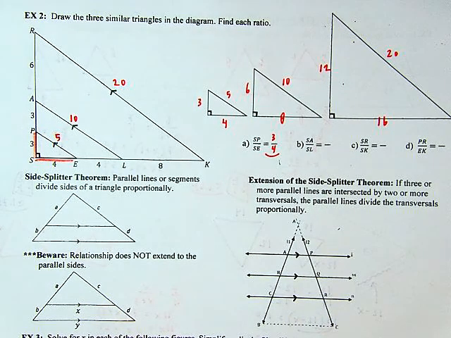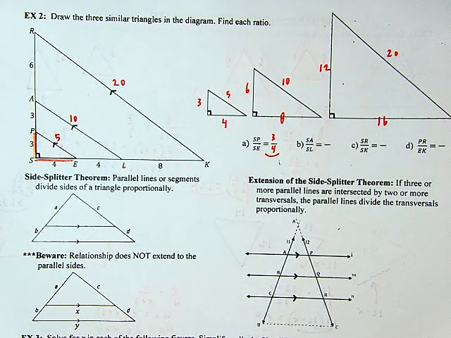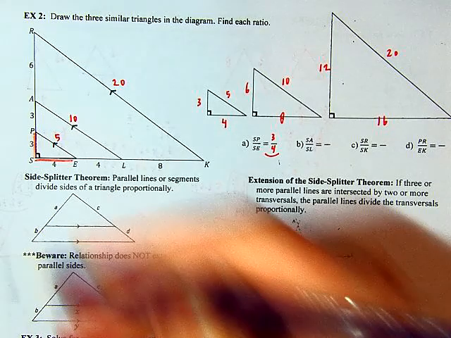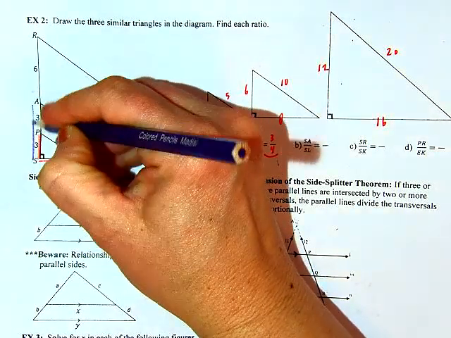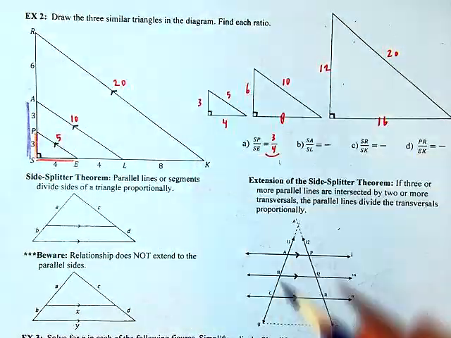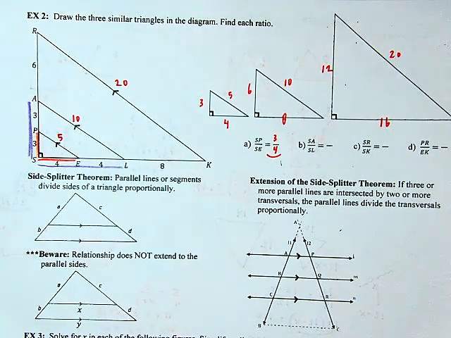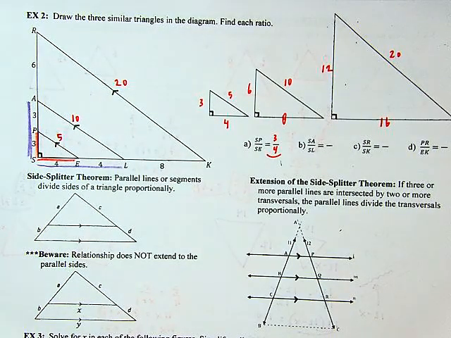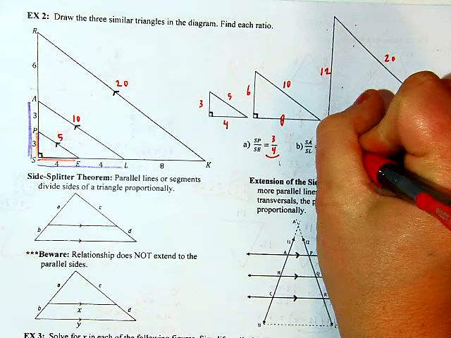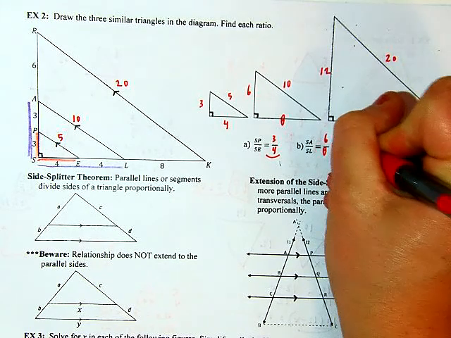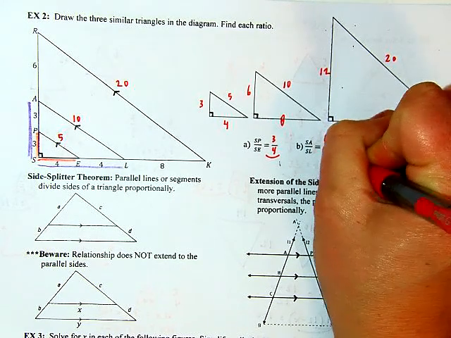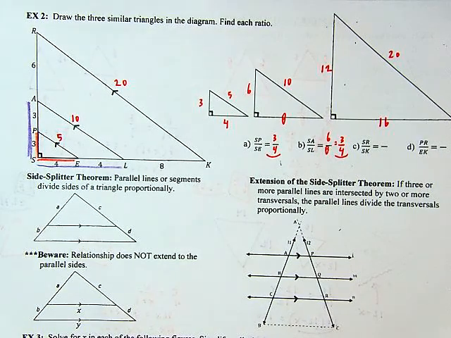All right, well, what about SA? Let me pick a different color. How about SA right there? That's 6. How does that relate to SL? Well, that's 6 to 8. And 6 to 8 is 3 to 4, right? So it's still in a 3 to 4 ratio.